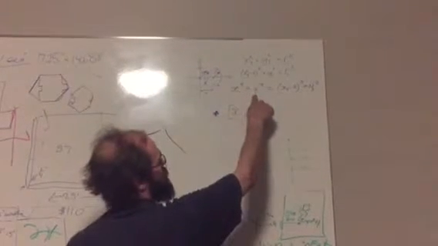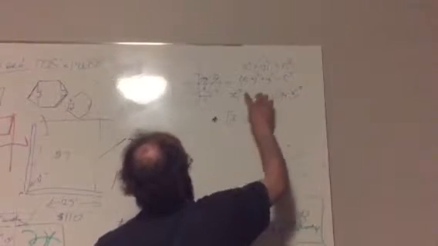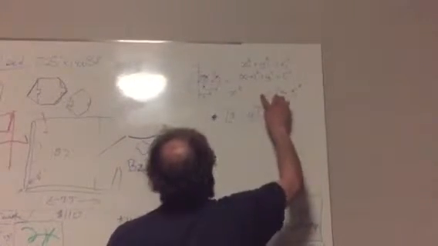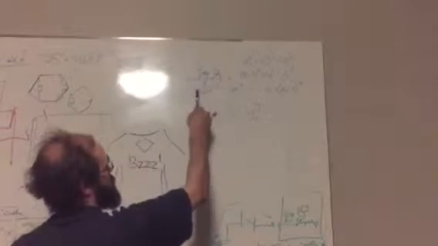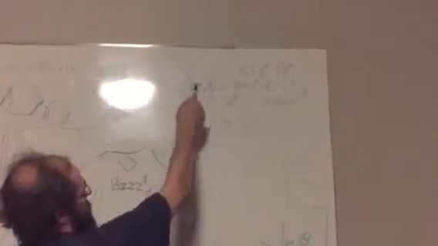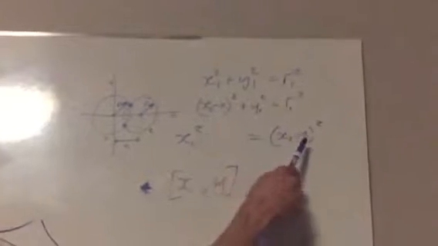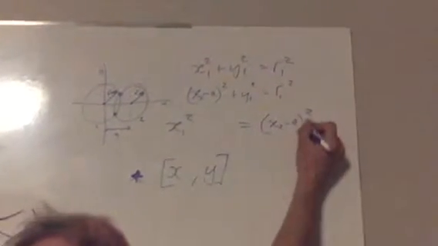So if you're adding that y coordinate and it's the same as that one, you can get rid of the y's, and that means that the square of the x coordinate along the x-axis of 1 is equal to the square of this x coordinate minus a.